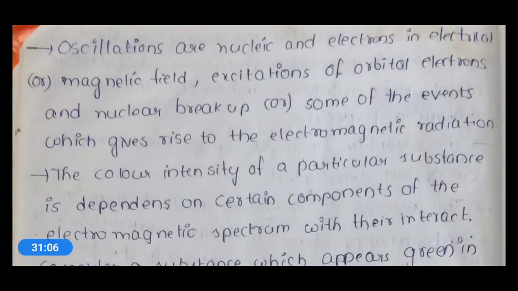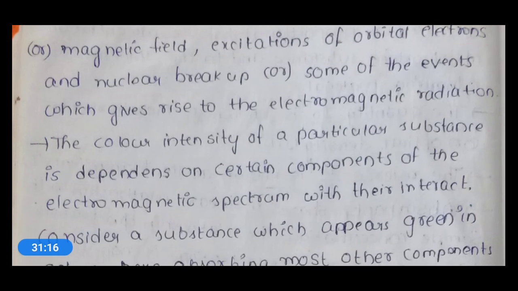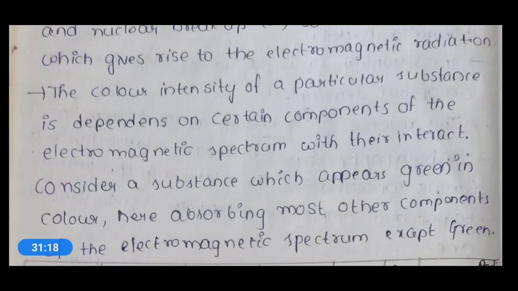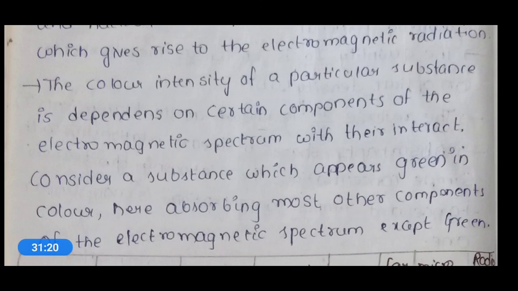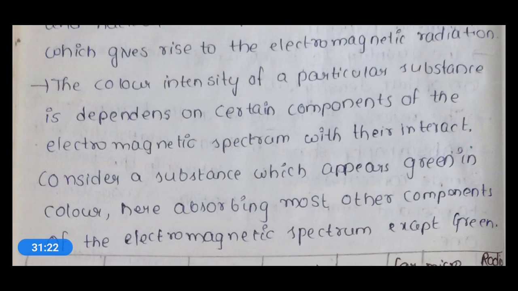Nuclear breakup, and some of the events in electric and magnetic fields, also lead to the production of electromagnetic radiation. And here one more important aspect is color.